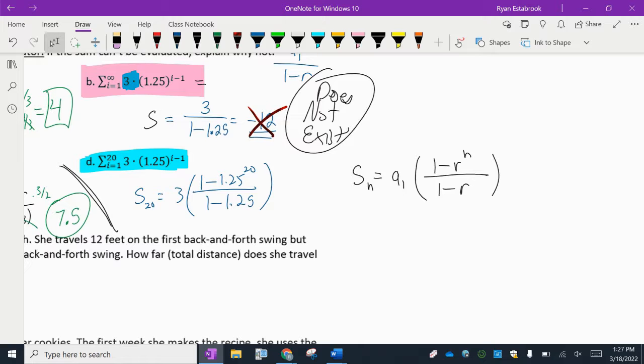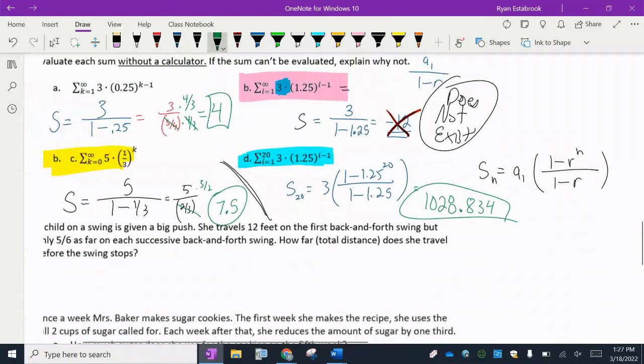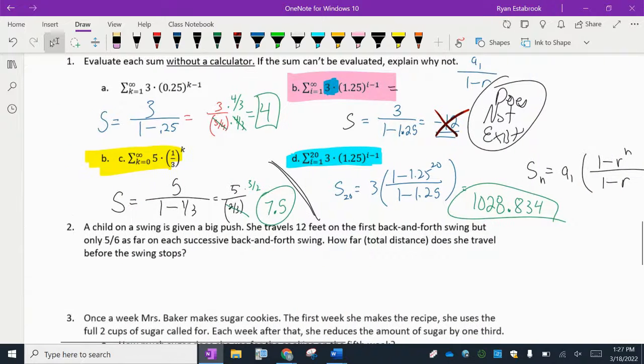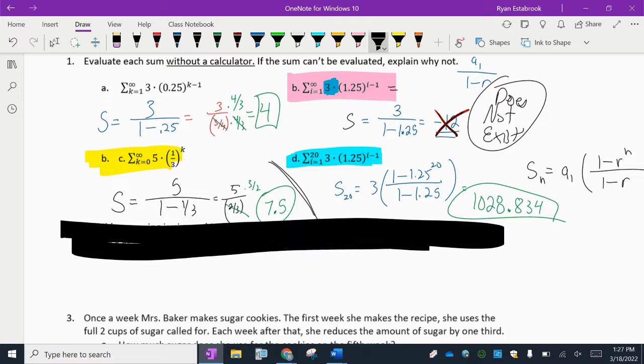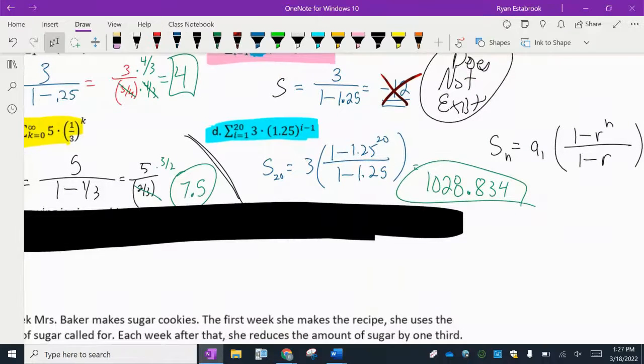Hopefully this one is in range, and I think it is. 1,028.834, it's about that. All right, go ahead and compare your letter D if you need some time. We're going to skip number 2 and go down to number 3 here in just a moment.